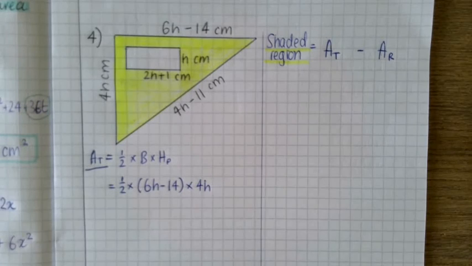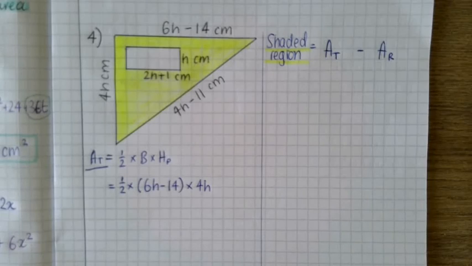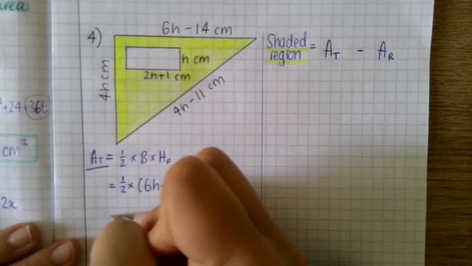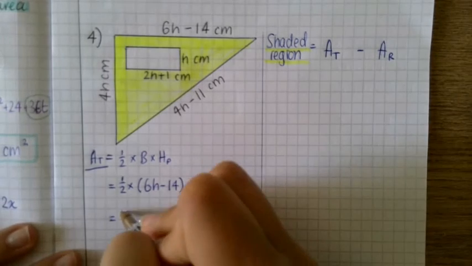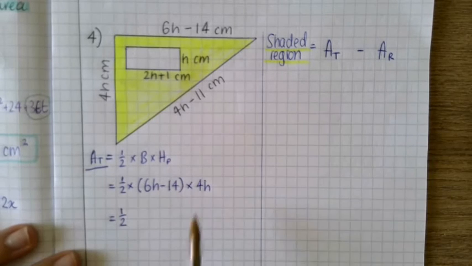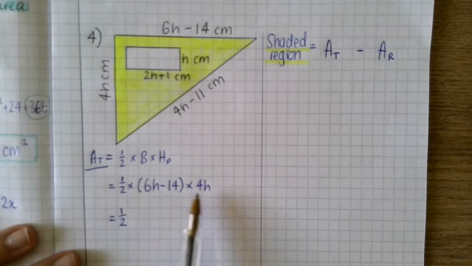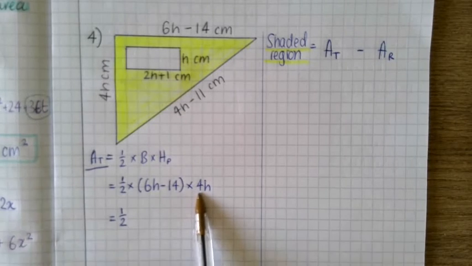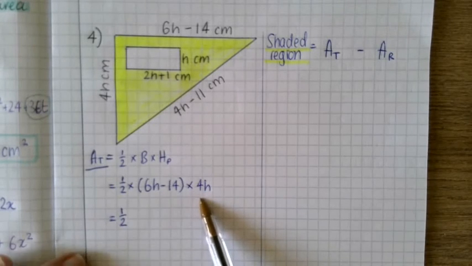So again, we're multiplying with single brackets here. So I'm going to leave my 1/2 until the end, and I'm going to multiply these single brackets here: 6h take away 14 multiplied by 4h. I won't do a grid method because we should be very confident with this.